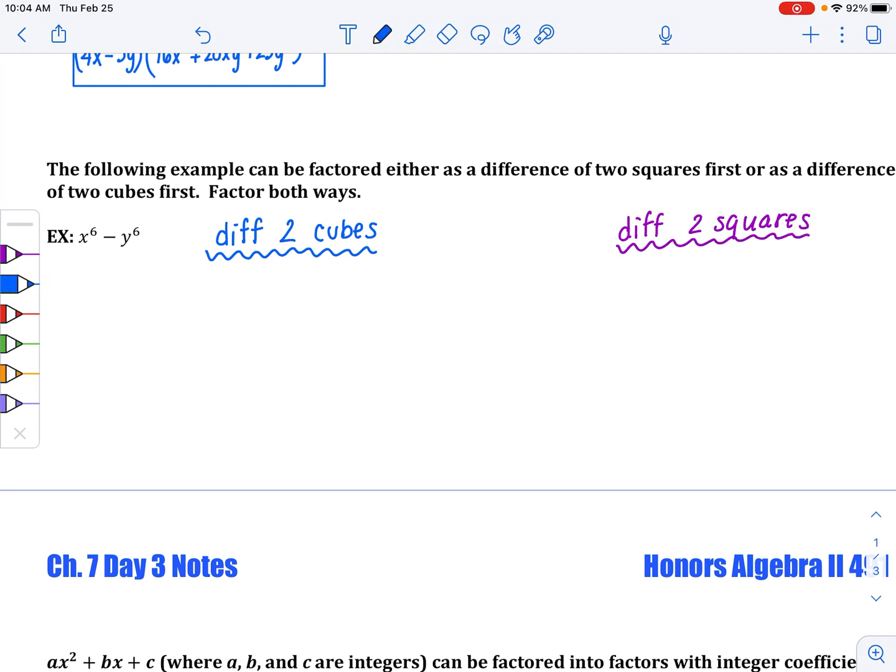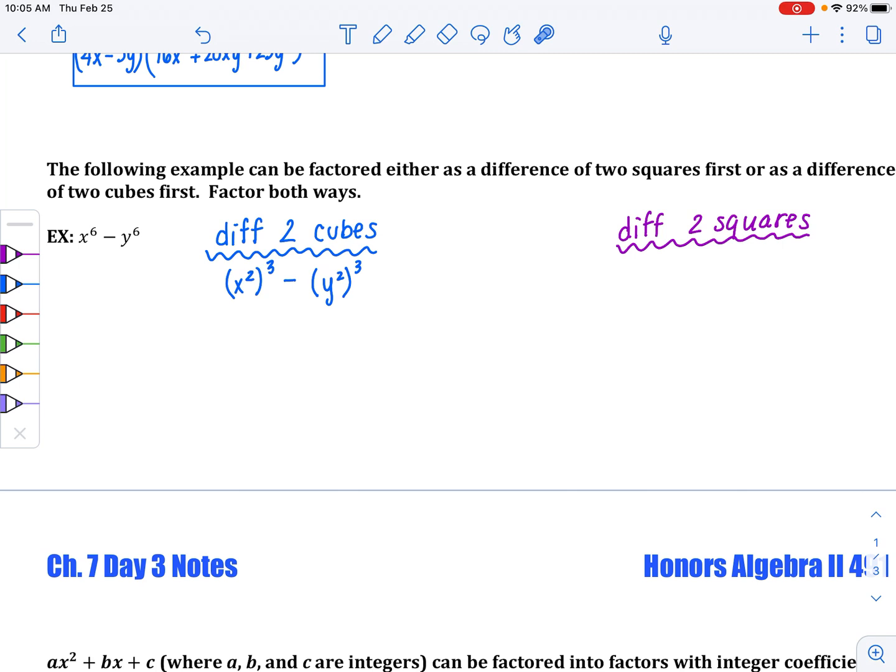Okay. So difference of two cubes. Let's find my cubes. That means instead of x to the 6th, I'm going to write it as x squared cubed minus y squared cubed. Now it's clear to see this is cubed minus this cubed. So a difference of perfect cubes.